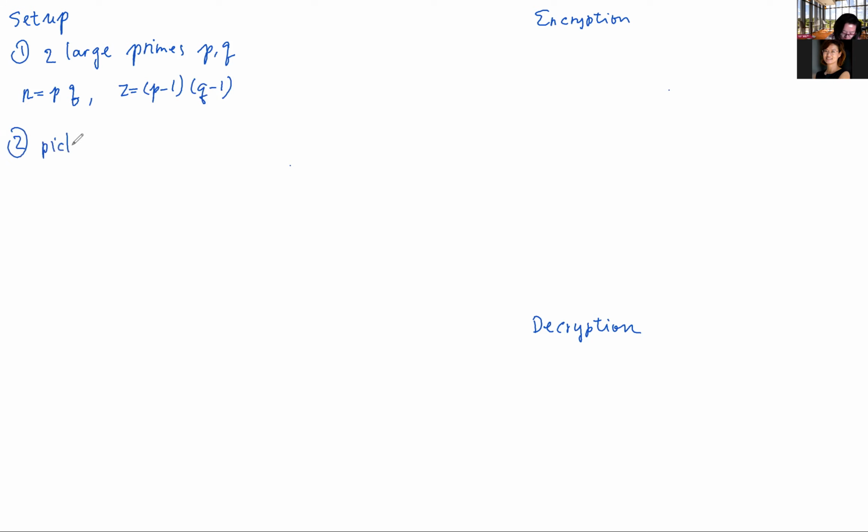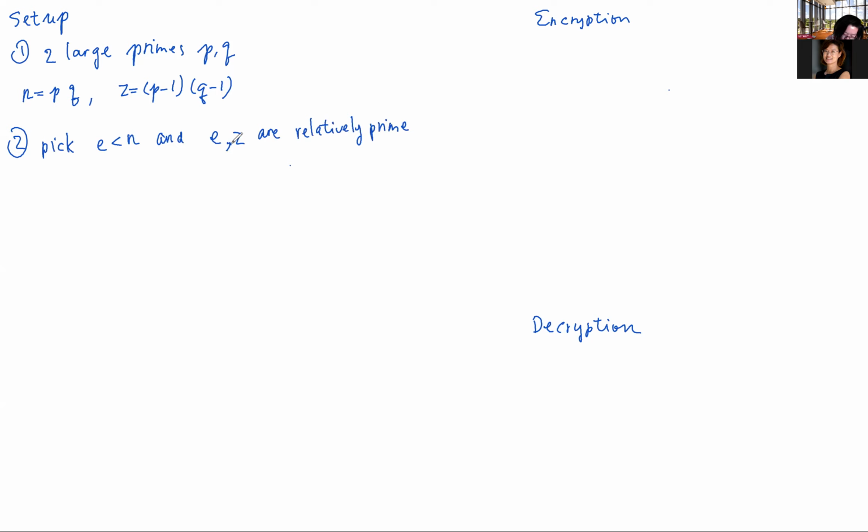And then you pick E, and E has to be less than N. E and Z are relatively prime to each other, so they don't share common factors.